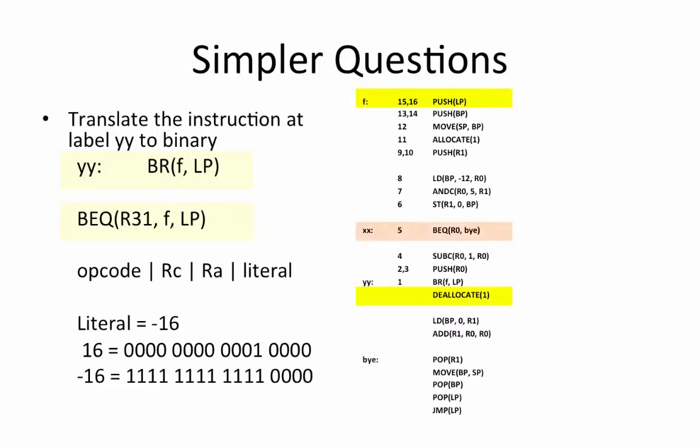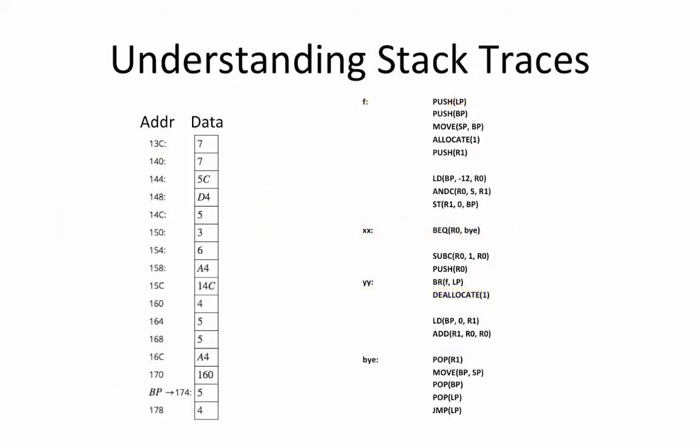Now suppose that the function f is called from an external main program and the machine is halted when a recursive call to f is about to execute the BEQ instruction tagged XX. The BP register of the halted machine contains 0x174, and the hex contents of a region of memory are shown here.